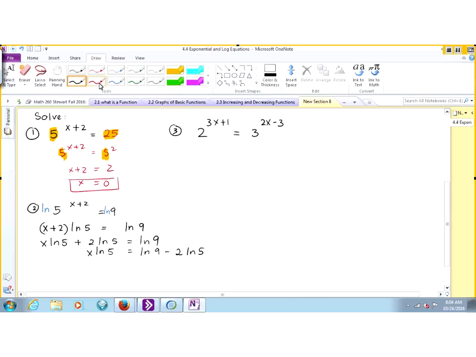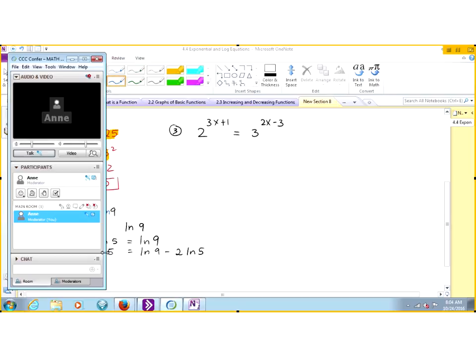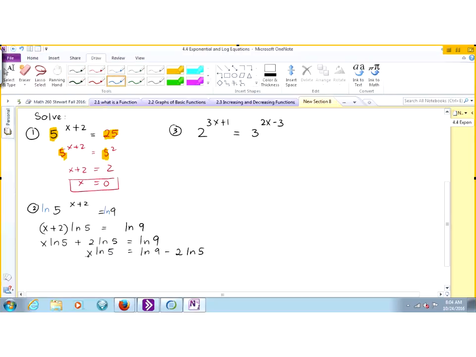What next? How do I solve for x? Divide both sides by ln 5. Yes. All right. So this is your exact answer: (ln 9 minus 2 ln 5) divided by ln 5.